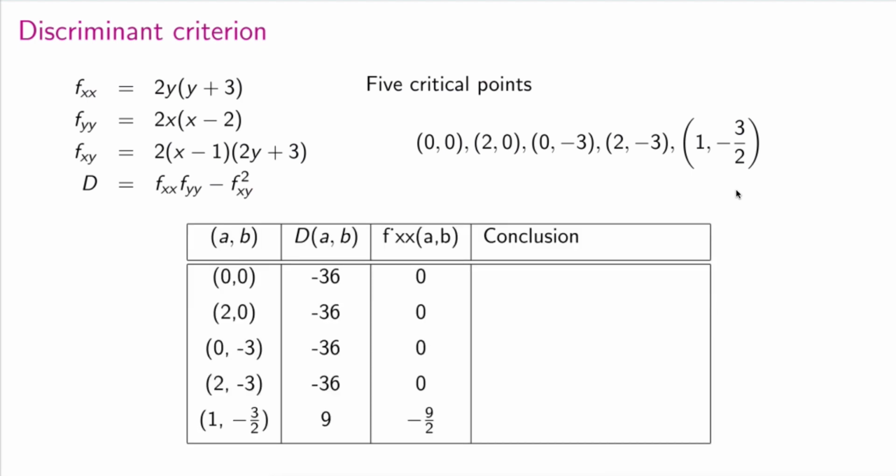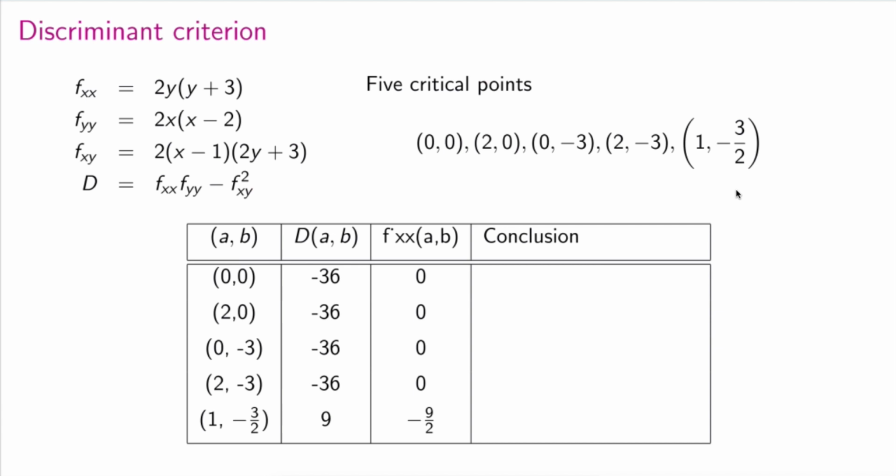Okay, so if I set in the first point (0, 0), then the discriminant becomes minus 36, and the x derivative is 0. If I sub in (2, 0), I get minus 36. Actually, for the first 4 points, I get the same discriminant always, and the same fxx term also. Only for the point (1, -3/2), the discriminant is 9, and the fxx term is minus 9/2.